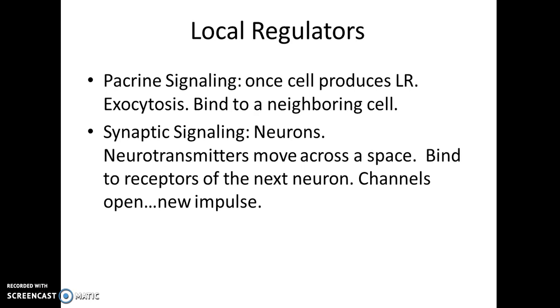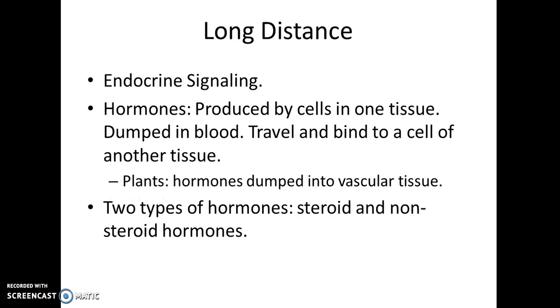They're released into the space by exocytosis. They bind to receptors on the next neuron and channels open and you have a new impulse. And we'll talk about that later on in the semester when we talk about the nervous system. So we have short distance communication, in which one cell stimulates another cell in the local area.